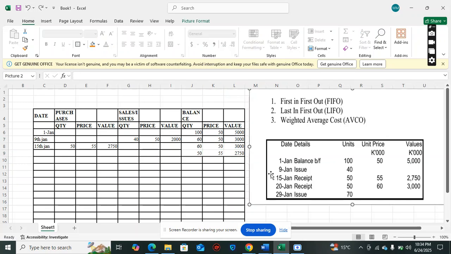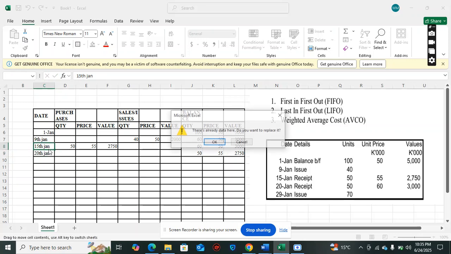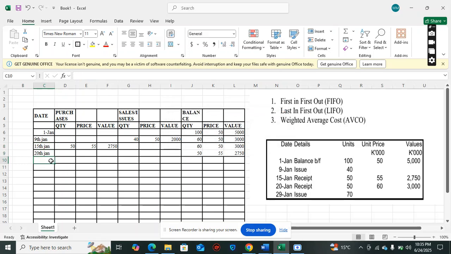So we go to our next transaction. We received another 50 goods valued at 60 kwacha, on 20th January, a receipt of 50 units, total 3,000.